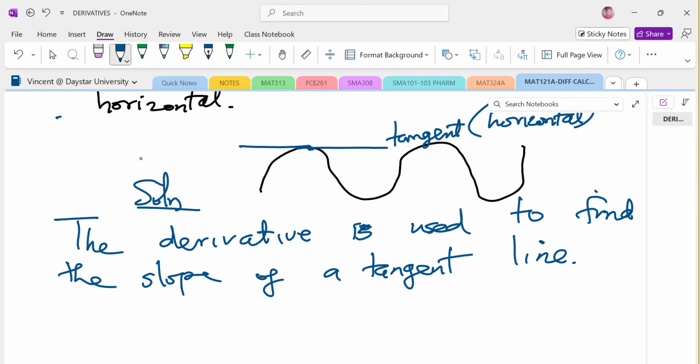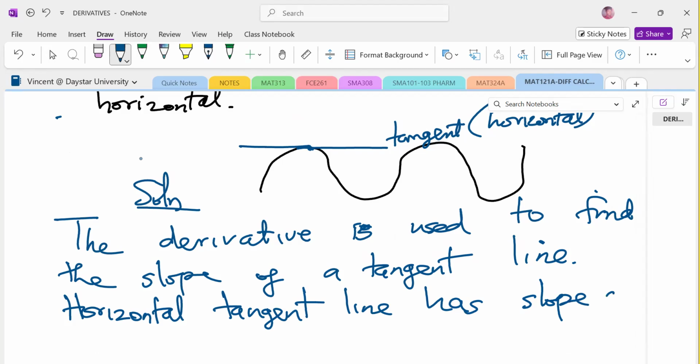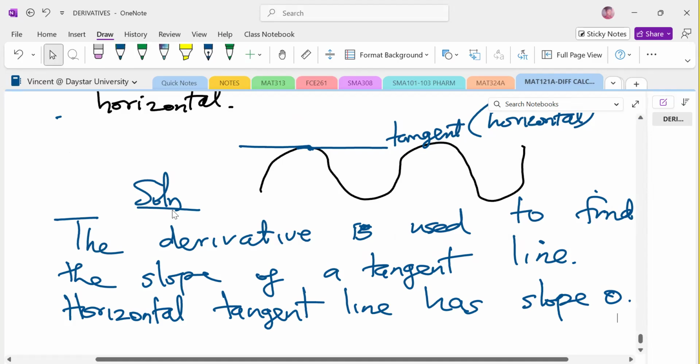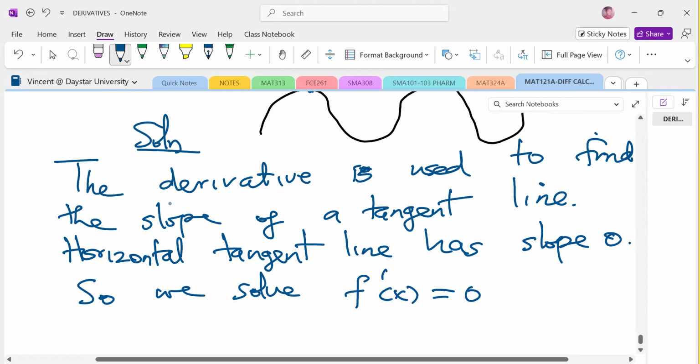And a horizontal tangent has slope 0. So that's the key concept there. So therefore, we seek to resolve f prime of x equals 0. That's what you are really interested in.